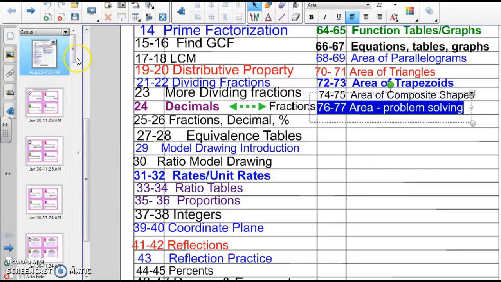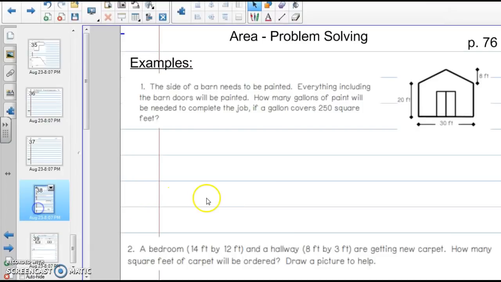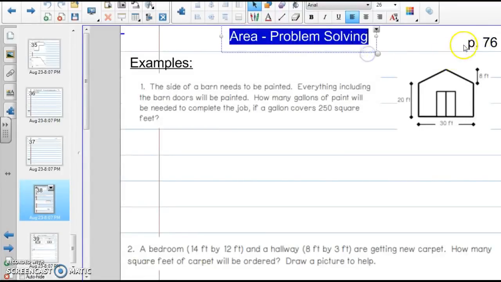Once you have labeled this, then turn to your next two blank pages and label the one on the left, page 76, and put the title at the top, Area Problem Solving. Pause the video and turn to that page now.